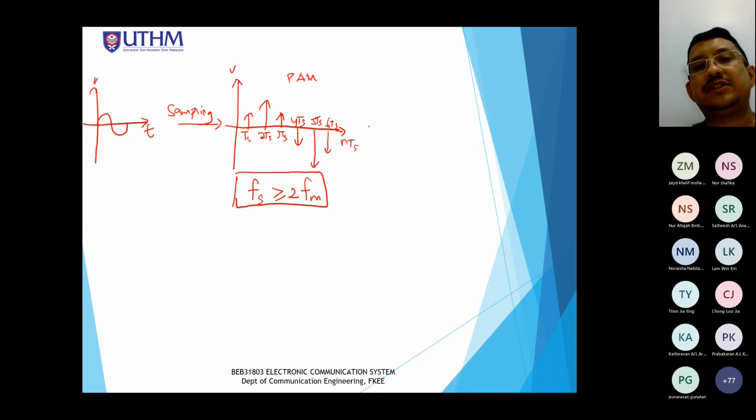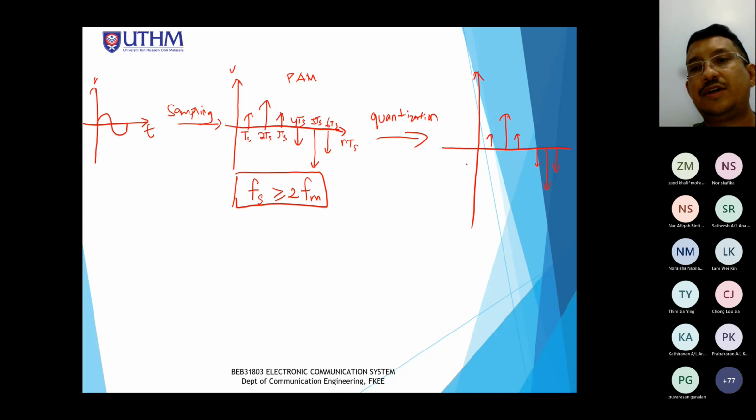So the next process, the second process, is what we call quantization. In quantization, we round up the values. Quantization is the process of rounding up the sample value to the nearest quantized level.